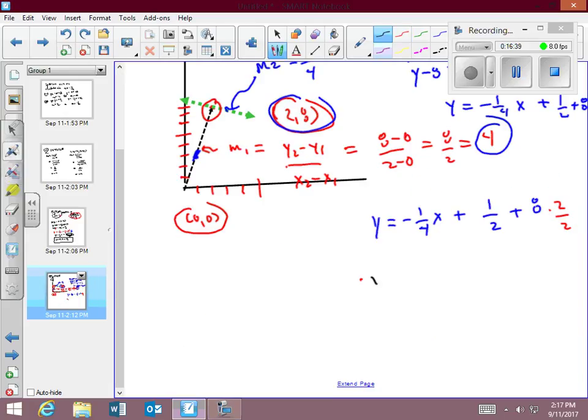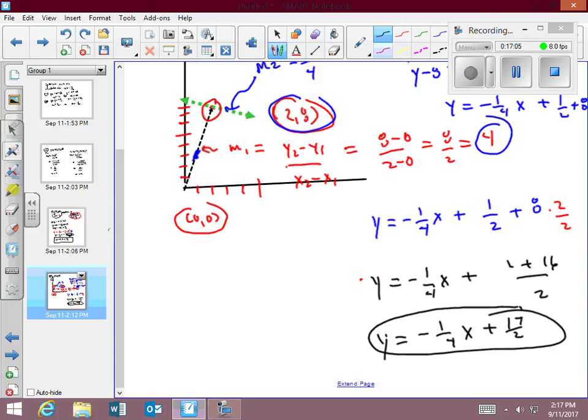So now our equation is y equals negative 1/4 x plus, the numerator is going to be 1 plus 16 over 2. Here's my equation. 17. So there's my equation, right? You good with that?